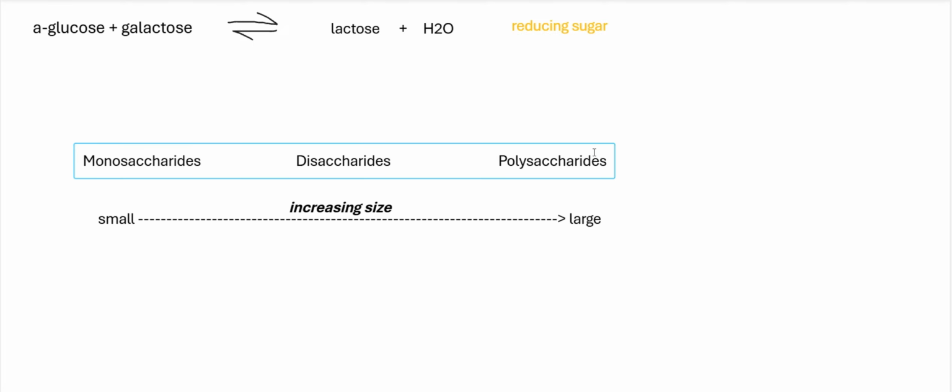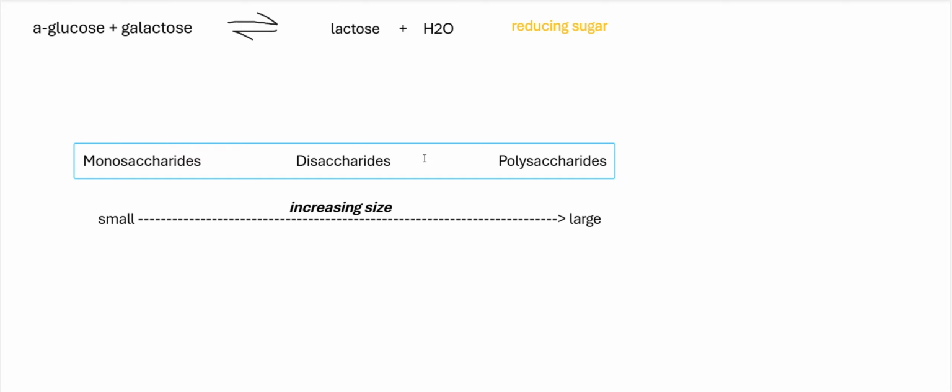Whilst the polysaccharides are the large polymers. Large polymers are many monosaccharides joined together via glycosidic bonds, and they're usually in chains. These are far greater in size compared to monosaccharides and disaccharides.